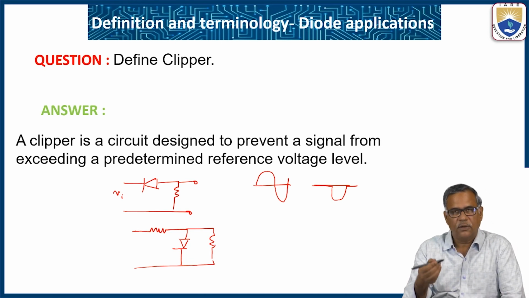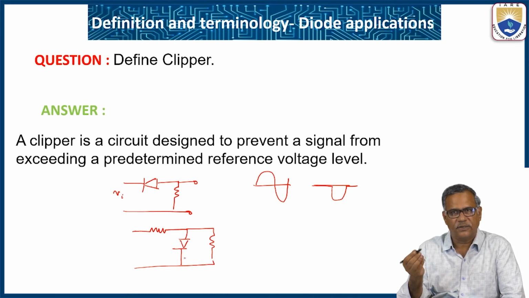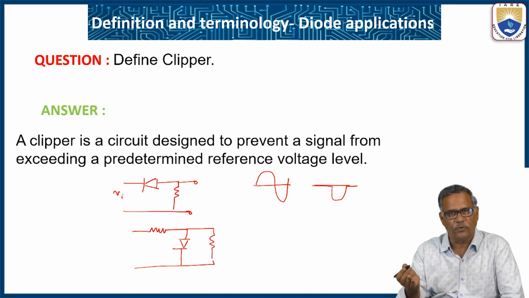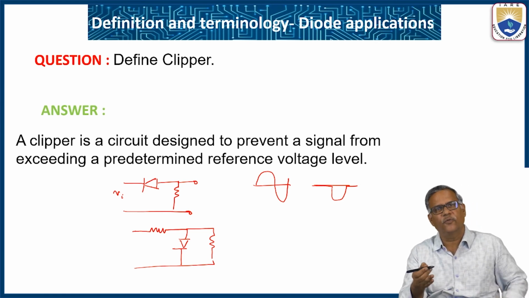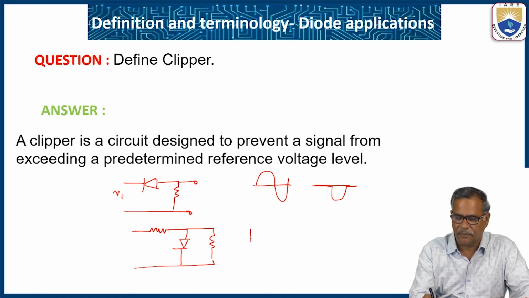In this circuit, when the input is positive, the diode is forward biased and it acts like a short circuit and you don't get any output. When the input is negative, the diode is reverse biased and whatever input voltage you apply appears across the output. So this is a positive shunt clipper.